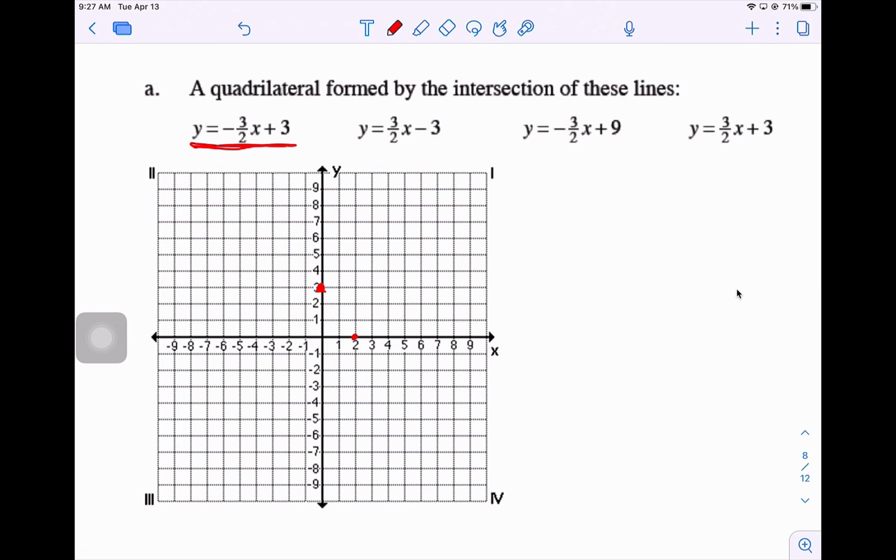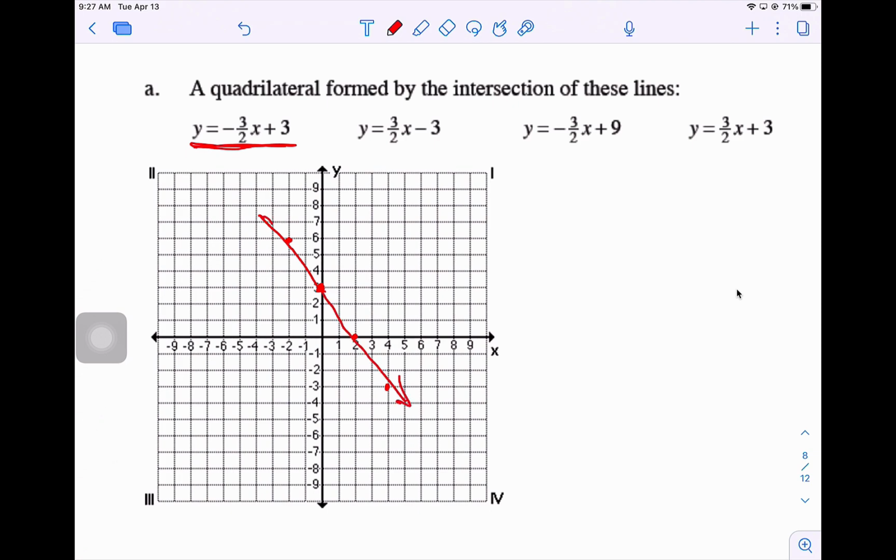So here would be another point on the line. I could go again, down 3 more, over 2. There would be another point. I could go up 3 and to the left 2. There would be another point. Okay, but ultimately, start with the y-intercept and then use the slope to find other points. And now we're going to draw a line in. Don't forget to draw a line in.